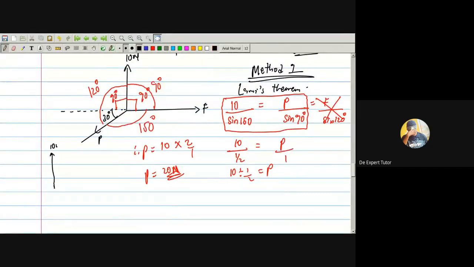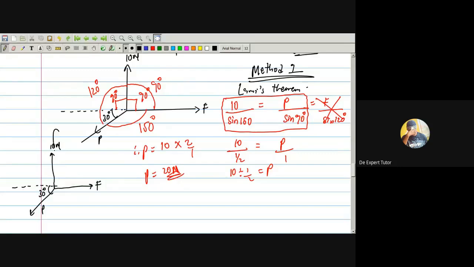I have 10 Newton. There's one going here, which is F. There's one going here, which is P. And I have one angle here, which is 30 degrees. Now, pay attention. Remember that they don't tell me to find F. I have no business with it. So anything about the horizontal, let me just discard it.